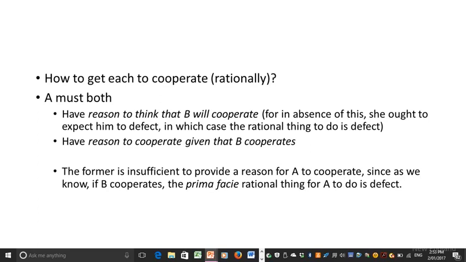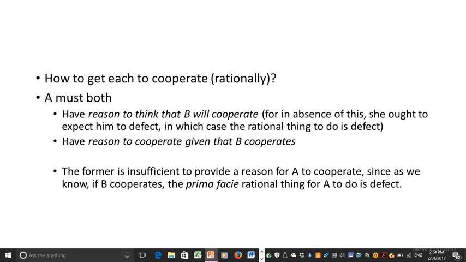So before I get on to talking about why making an agreement isn't going to solve the problem, note that in order for A to choose to cooperate, A must have 2 kinds of reasons. A must have reason to think that B will cooperate, right?